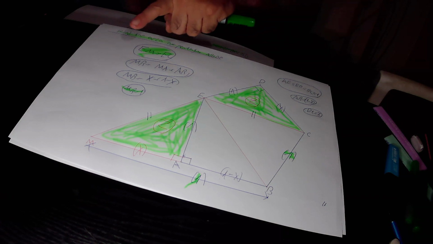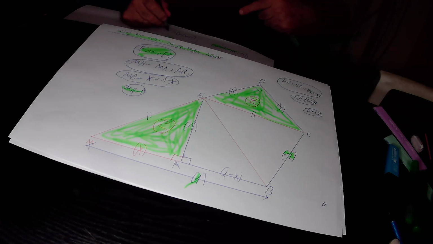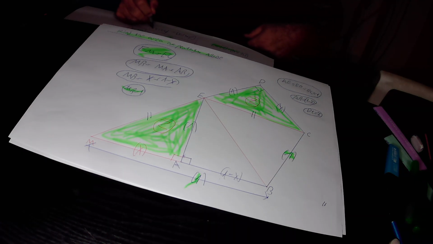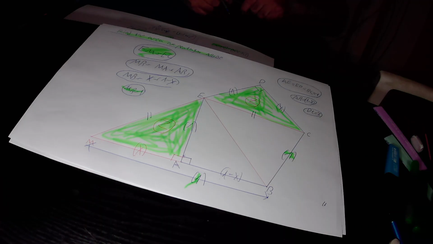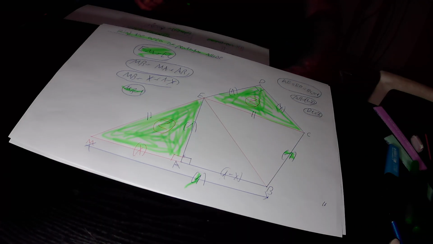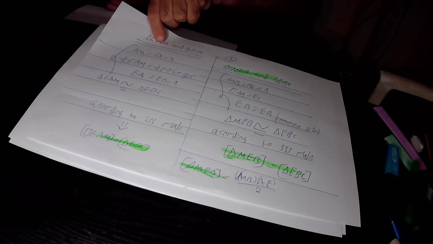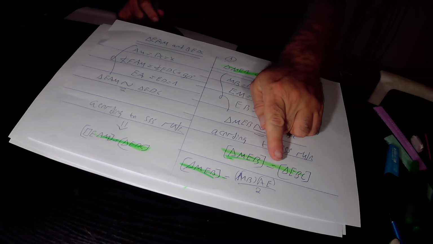We choose the base MB. The height is AE over 2. So in total, we actually found out that the area of triangle MEB equals to the base MB times the height AE over 2.